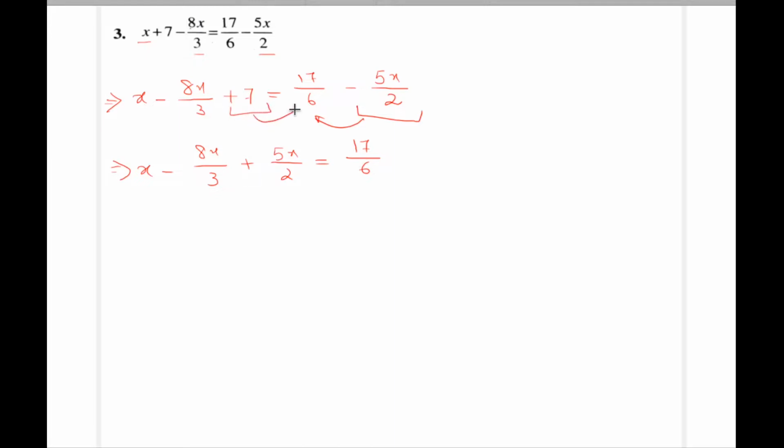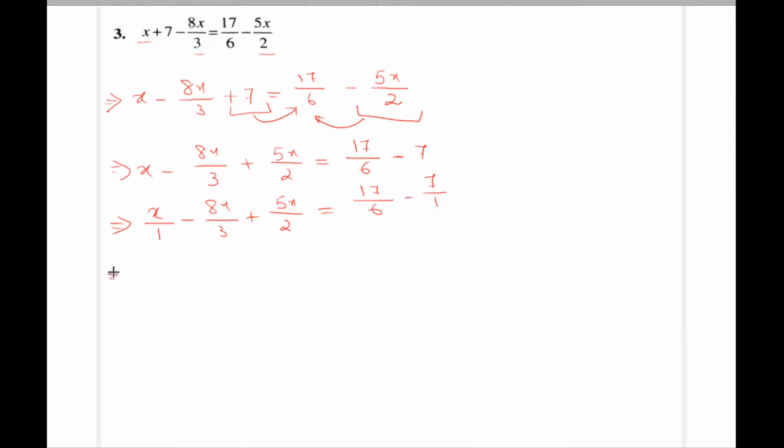And this plus 7 we are taking to the other side, so it will become minus 7. Now see, this is x and the other two variables are in fraction form. So this x can also be written in fraction form, that is x by 1 minus 8x by 3 plus 5x by 2 equals 17 by 6 minus, this can be written as 7 by 1.